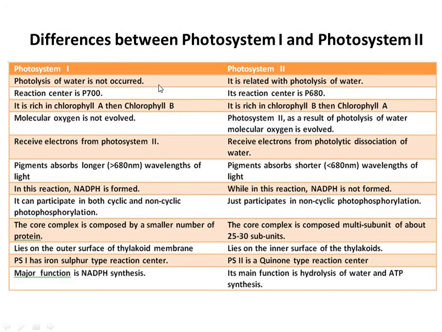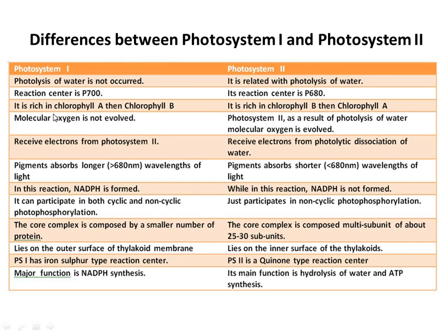There are a number of fundamental differences between photosystem 1 and 2. In photosystem 1, photolysis of water does not occur. In photosystem 2, it is related with the photolysis of water molecules. In PS1, the reaction center is 700 nanometer. In PS2, the reaction center is 680 nanometer.